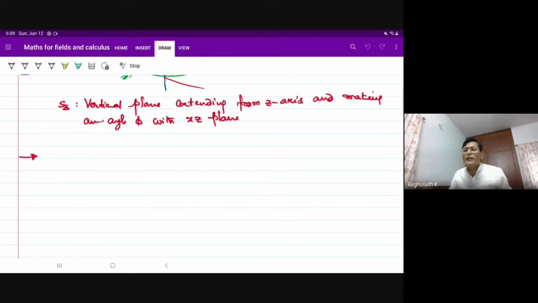All the distances are measured from the origin, because the source is always kept at the origin and the analysis is carried out. R only is the distance of the point, in the direction given by theta and phi. That's all. We don't talk about the vector from one point to the other point in this coordinate system, at least. Here we are supposed to define the unit vectors. Unit vector a_r is what?